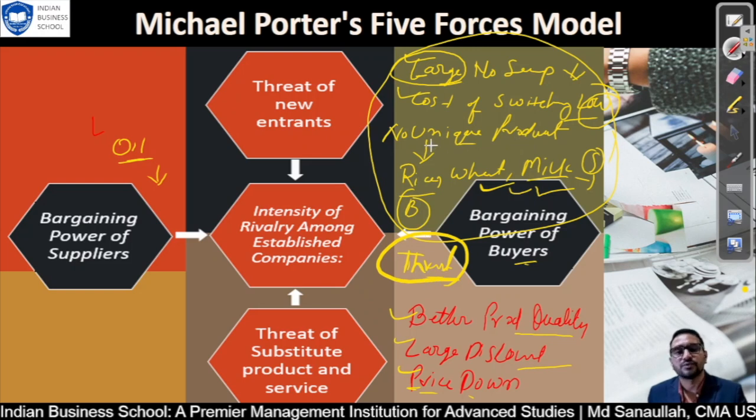In this case, if the product is differentiated or very unique, like the Apple iPhone, you can buy an Apple iPhone from Apple only, you cannot buy an Apple iPhone from Samsung, right? If the demand is for that particular unique product and you cannot buy from some other company, that again becomes a threat for you.